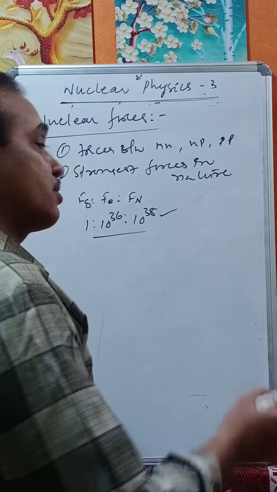The range for electrical forces is 1 angstrom, 10^-10 meters, but for nuclear forces it is 10^-15 meters, because nuclear size is 10^-15 and atom size is 10^-10. Therefore, when the distance between two particles is less than 10^-10, nuclear forces come into play, and these are the strongest forces in nature.